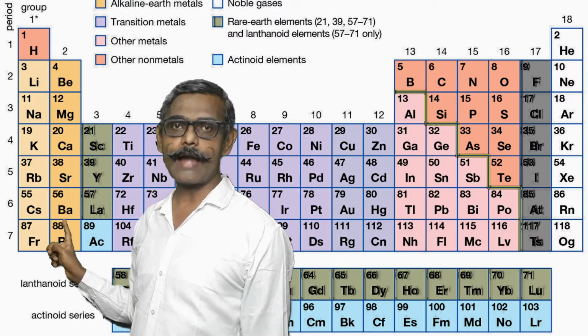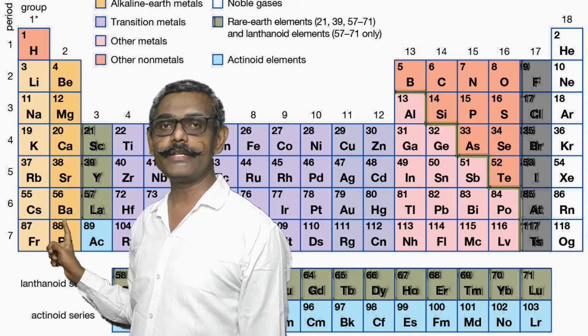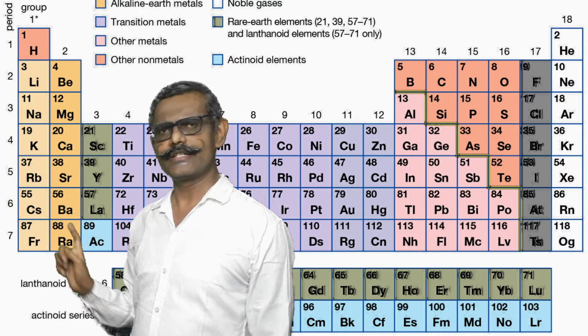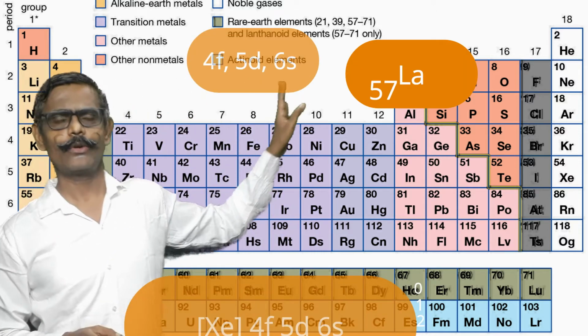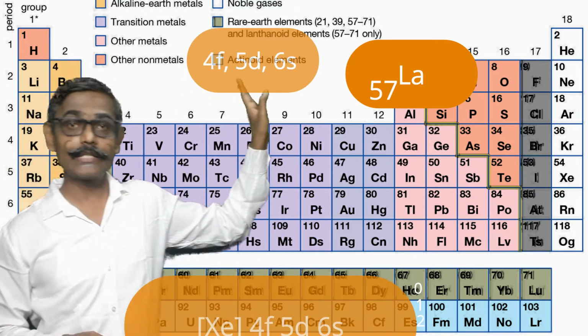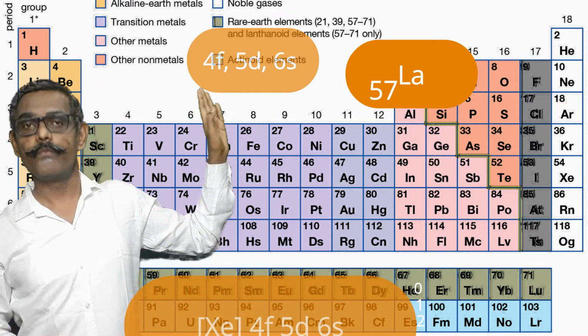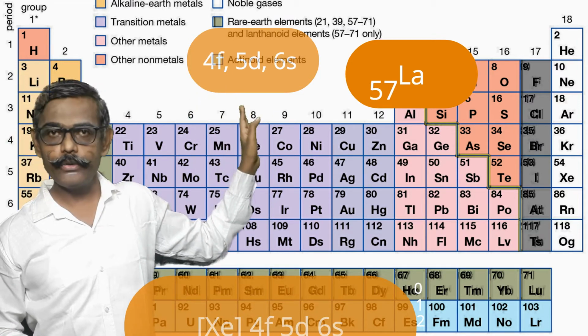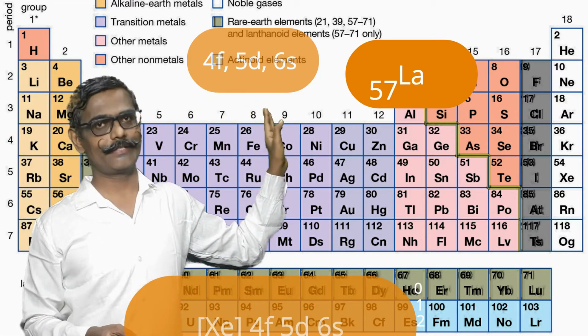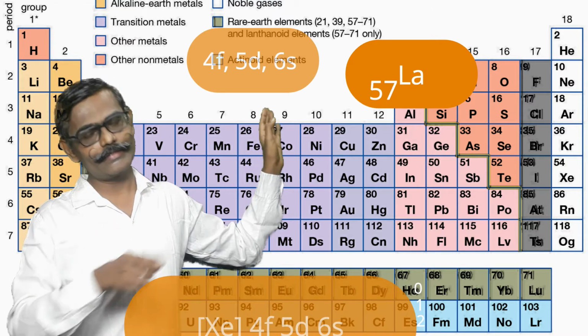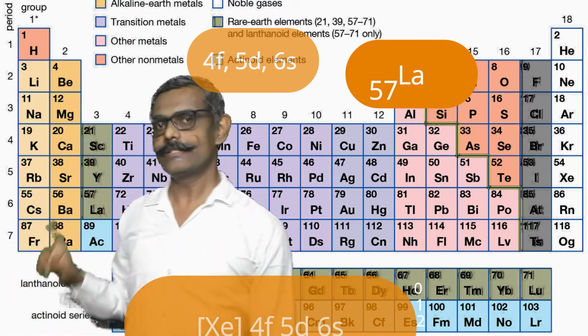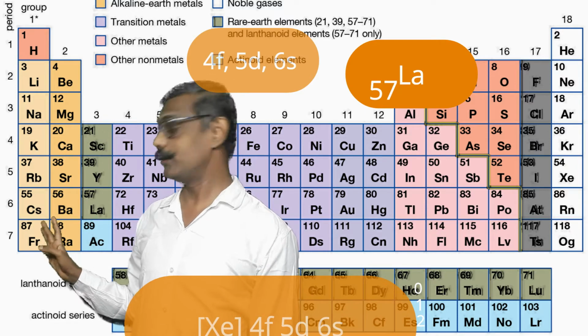Now the next element is barium, atomic number 56. The same story repeats. The competition is between these three orbitals, 4f, 5d and 6s. Again, 6s wins the race. 6s is the most suitable.